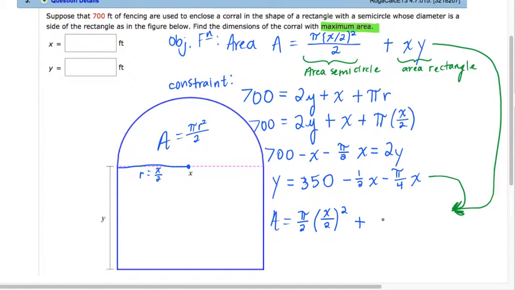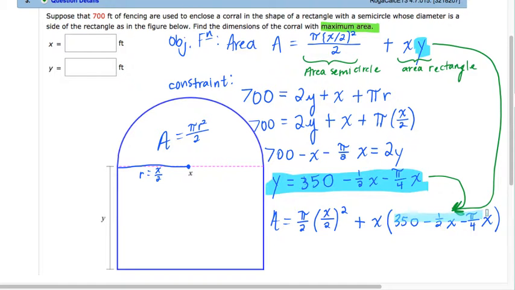Plus x times y is x times all of that is y, so 350 minus 1/2 x minus pi over 4 times x. Are y'all following me so far? Okay, this y is right here, which I'm plugging in right here.